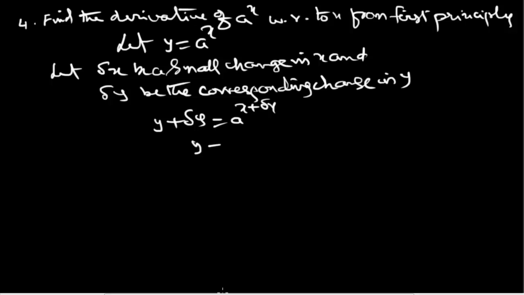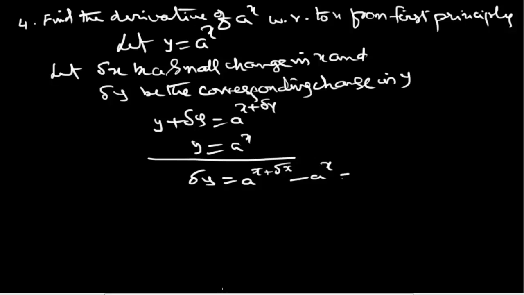So y is equal to a power x; wherever x is there, x plus delta x, therefore wherever y is there, y plus delta y. Here a power x, subtract, you get delta y is equal to a power x plus delta x minus a power x.